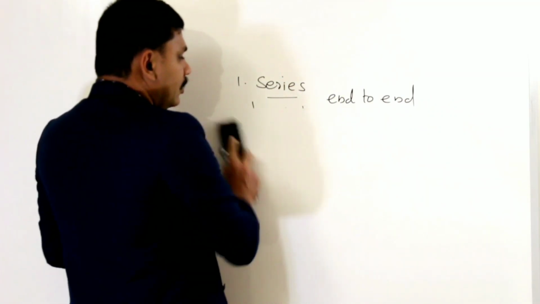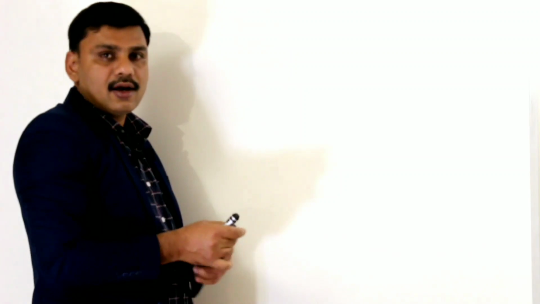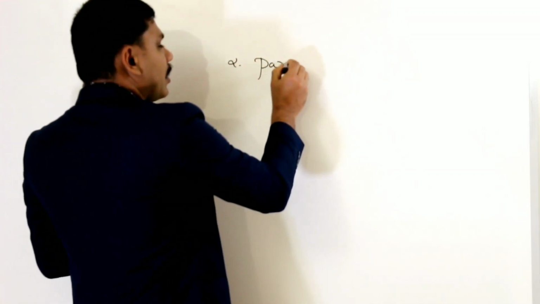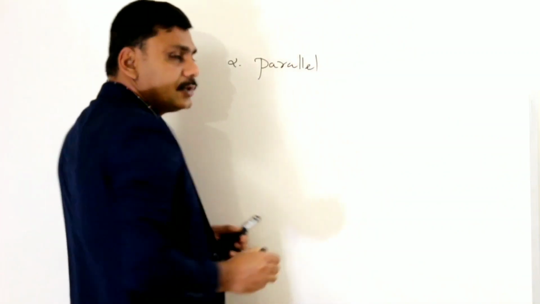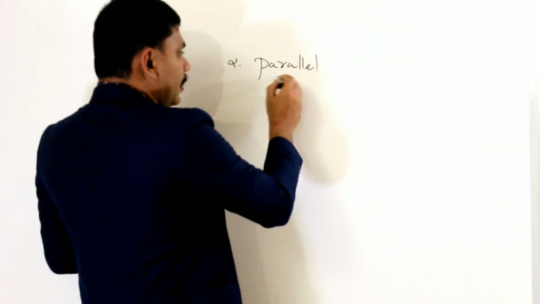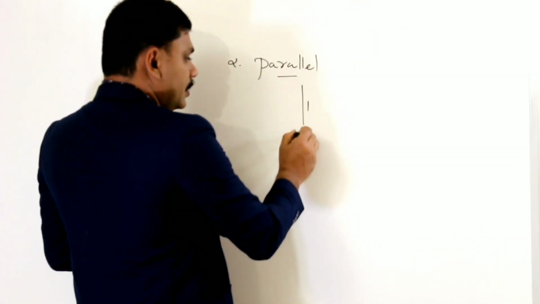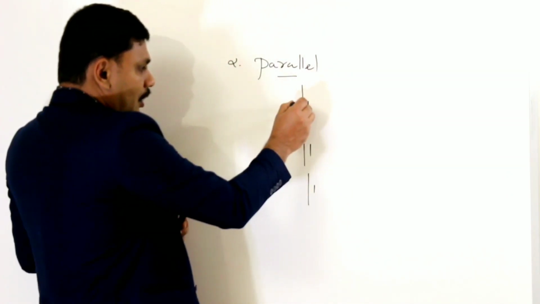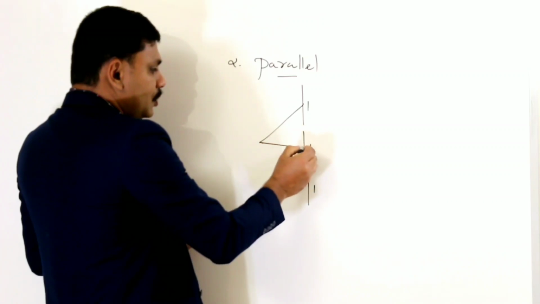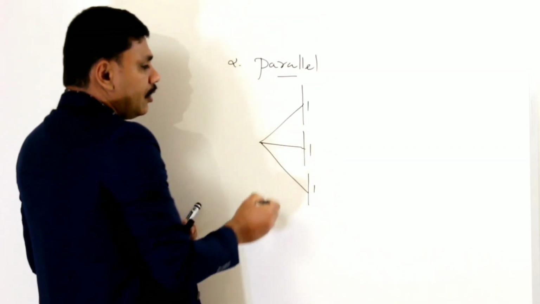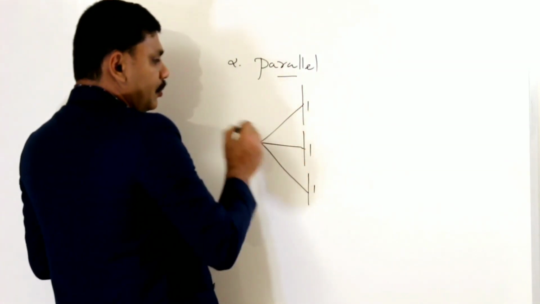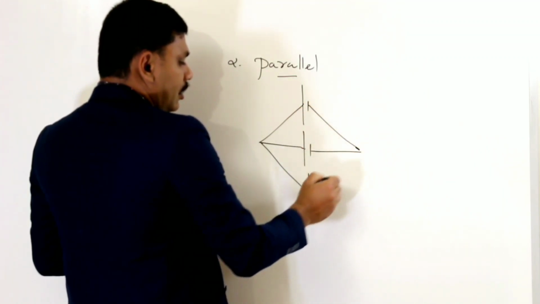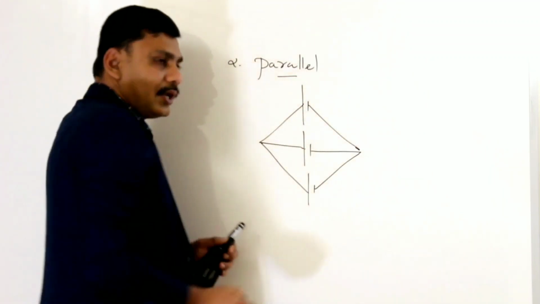If you are connecting three cells in parallel, how will you connect them? The second way of connection is parallel. This is a cell, this is another cell, this is another cell. Here, the positive terminals of each cell are joined at a point, and the negative of each cell is joined at a point.